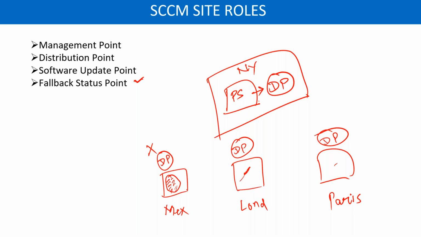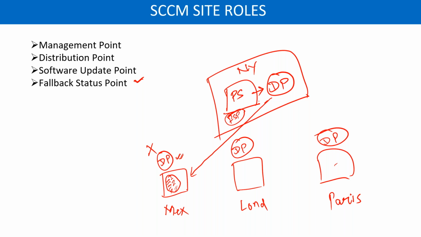If you install the fallback status point on the primary, then the devices will get the content from here, and if the distribution point is down here, the devices will get the content from Mexico. Clear?